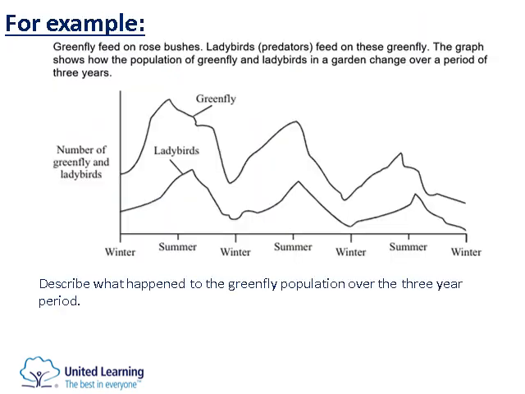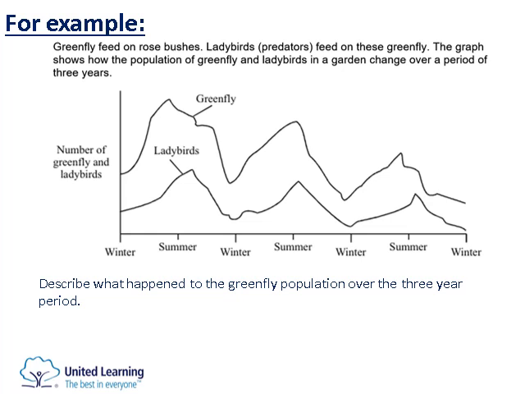So we've got an example using greenflies and ladybirds. So ladybirds are the predators which eat the greenfly, and the populations of greenfly and ladybirds change over a period of time. So if I'm describing what happened to the greenfly population over the 3-year period, that's my question. What I need to consider first is, what is it asking me?